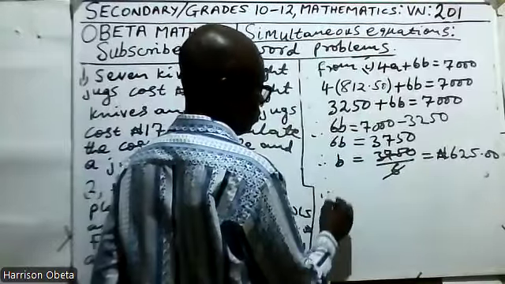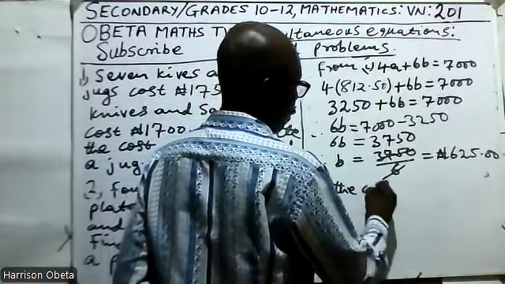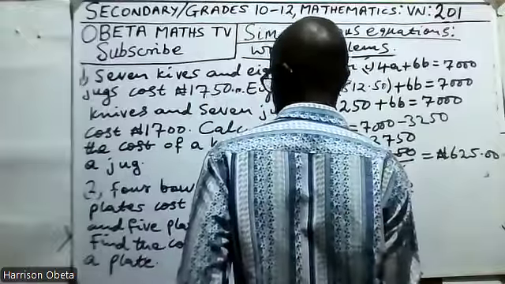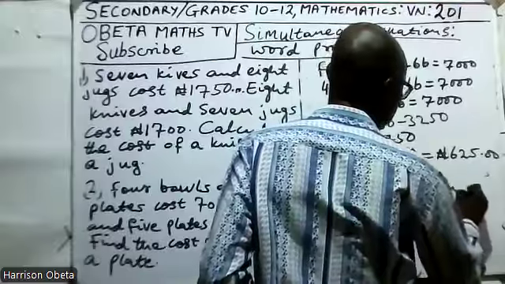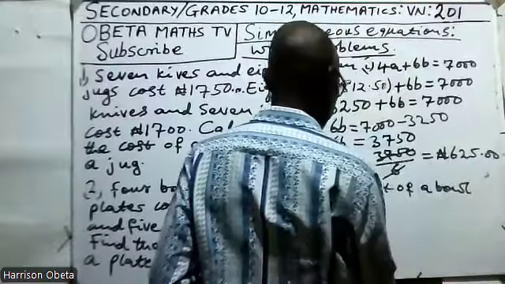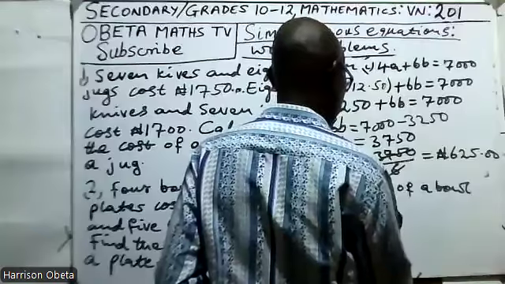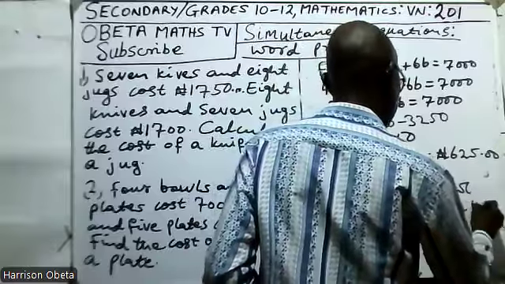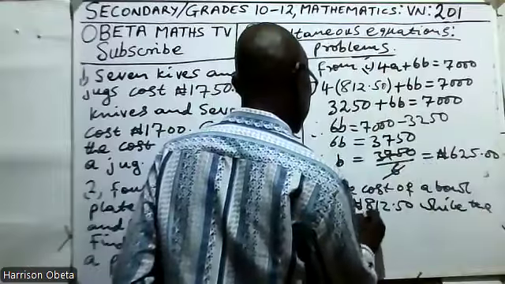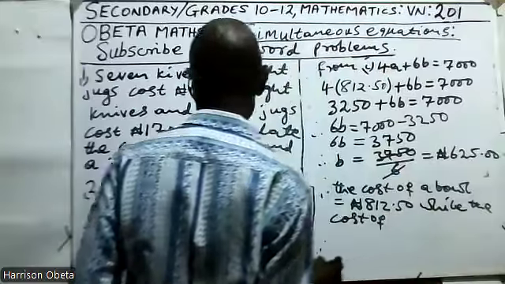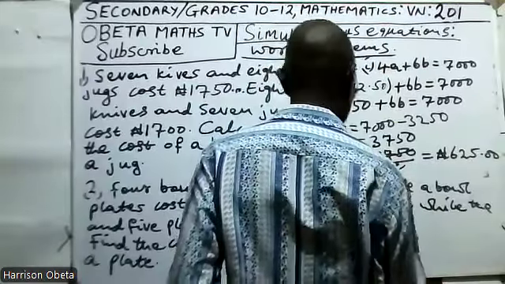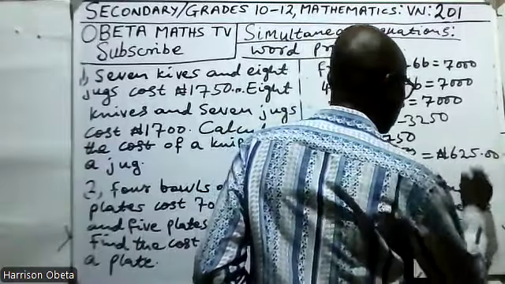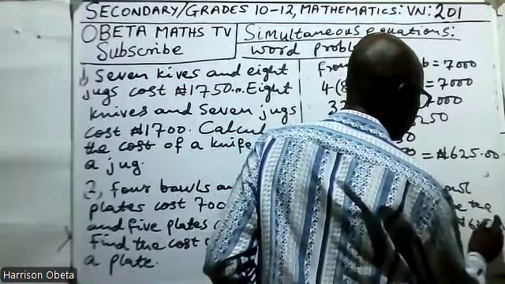Therefore, the cost of a bowl is equal to 812.50, while the cost of a plate is equal to 625 naira.